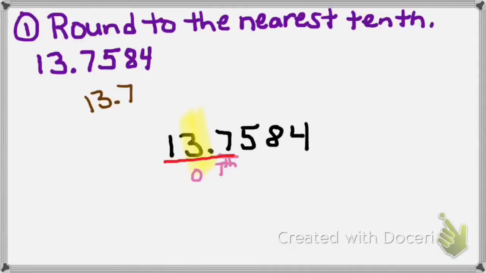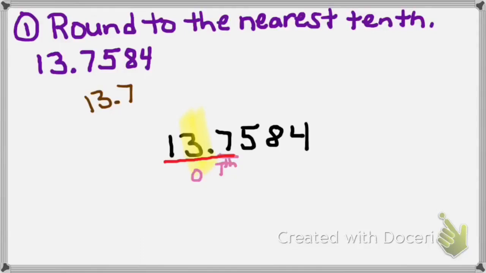If there are any whole numbers to the right of my underline, I have to change them to 0. But if the only digits to the right of my underline are decimal numbers, I can simply drop them. I've underlined the tenths column, which is a decimal column, so everything to the right of that, the 5, the 8, and the 4, are all decimal numbers, so I don't need to copy them.